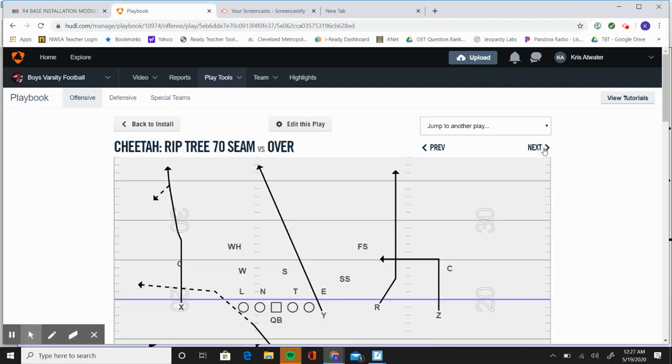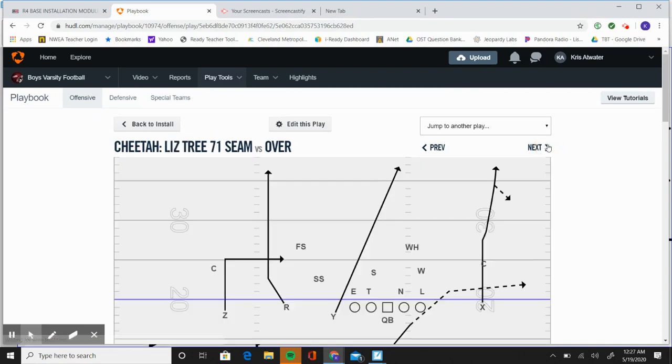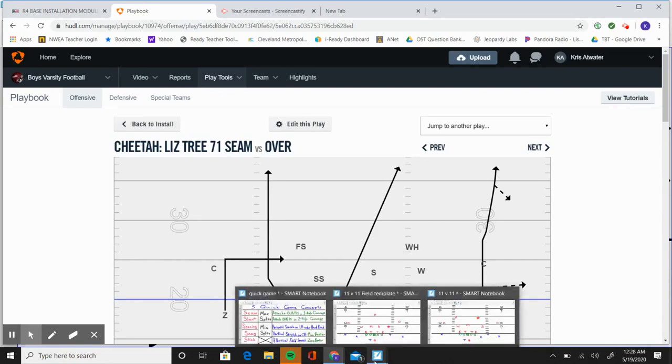And then we can also run it in 3x1 formations where we have 3 receivers on one side and then an isolated receiver on the back side. And in this case, we have Rip Tree, and this is our seam concept right here, and out of Liz Tree. So let's go over to the whiteboard and take a look at how we want to run this play.